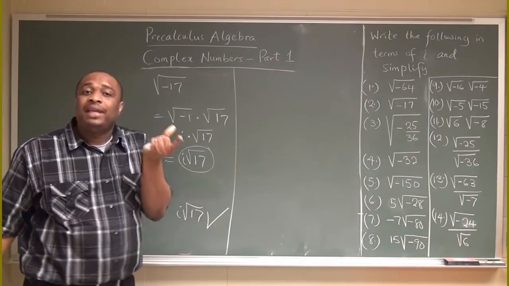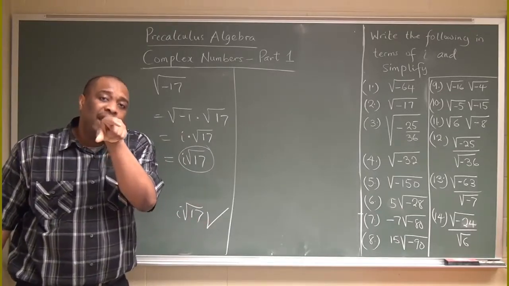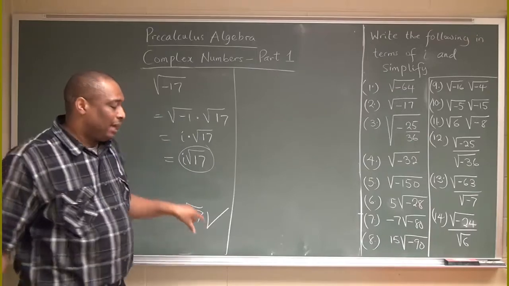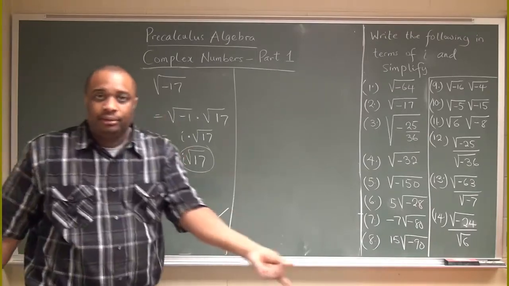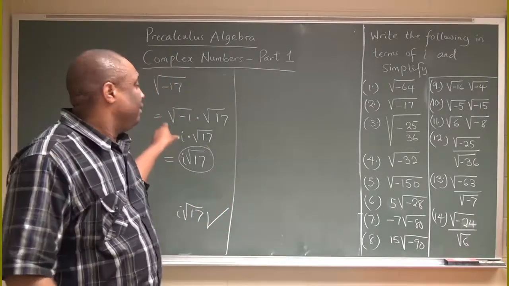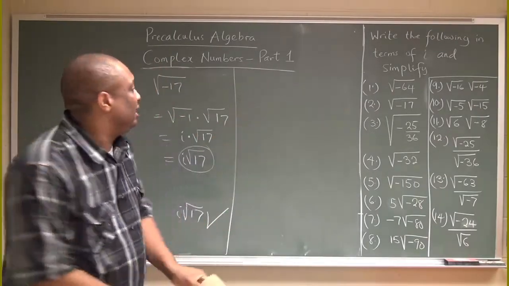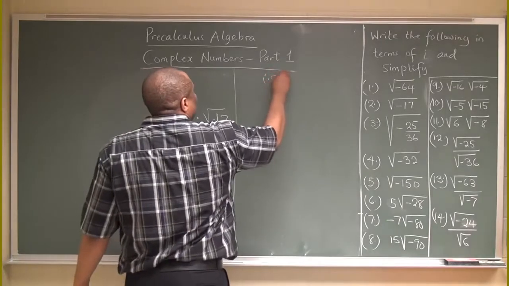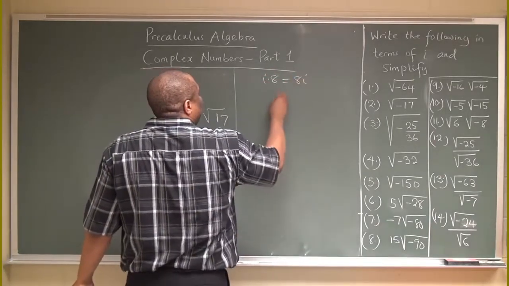But when we have the i and an integer, you write the integer first. Like when we have 8, instead of i times 8, we say 8i. We don't want to say i8.